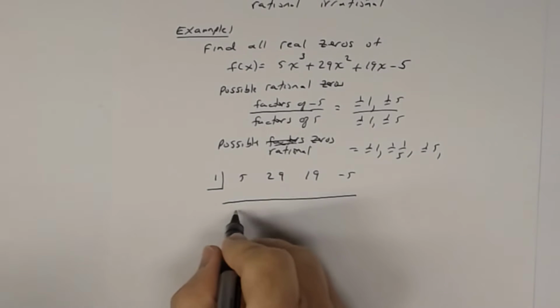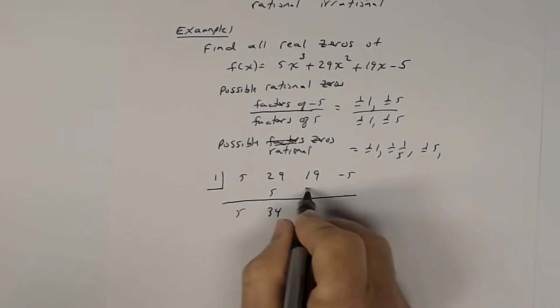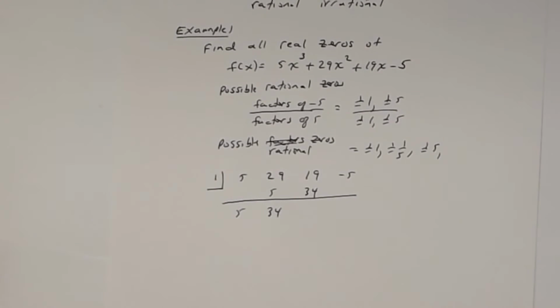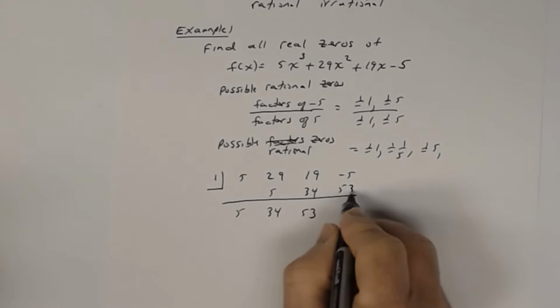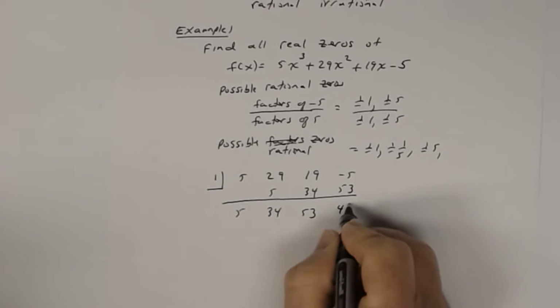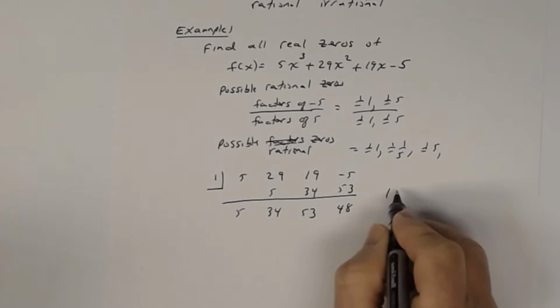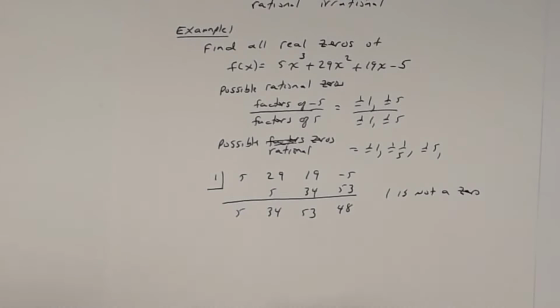We bring down the 5. 1 times 5 is 5. 29 plus 5 is 34. 1 times 34 is 34. Then we add them up. 19 plus 34 gives us 53. Then 1 times 53 is 53, and obviously you know you're not going to get a 0 here. That'll be 48. So 1 is not a 0, or a root.